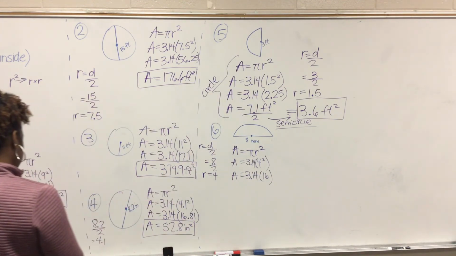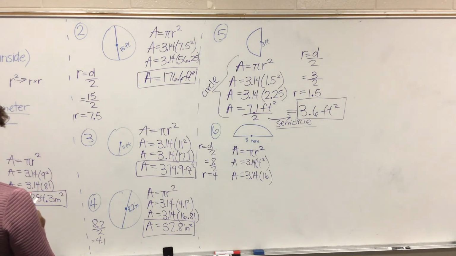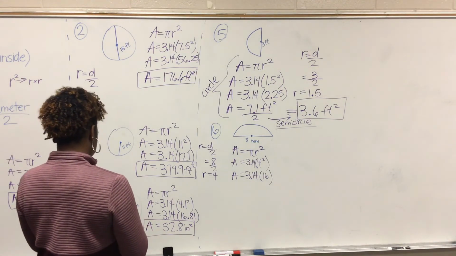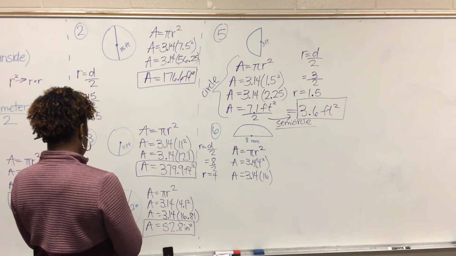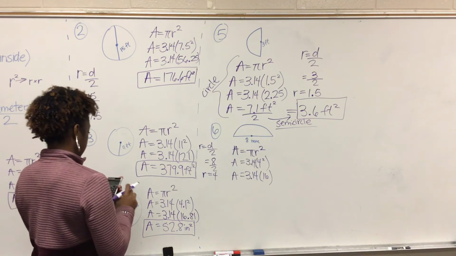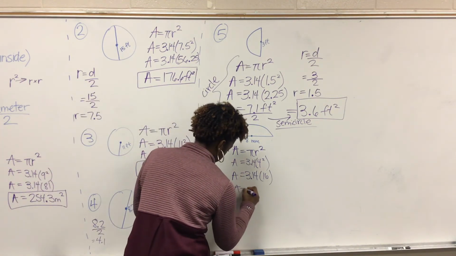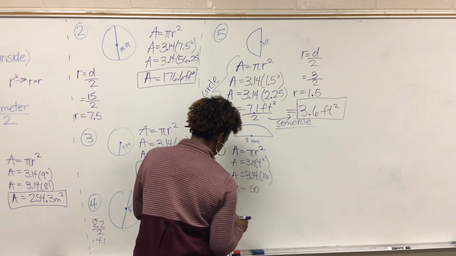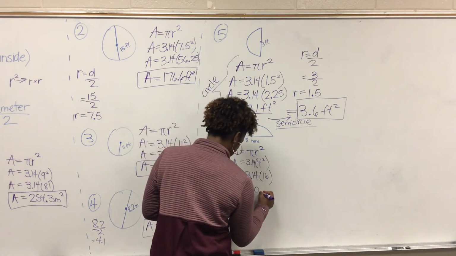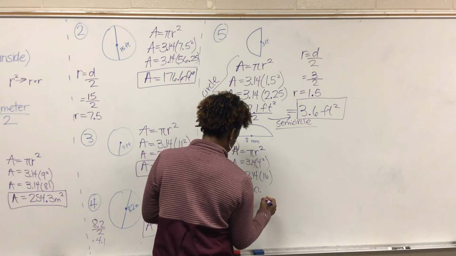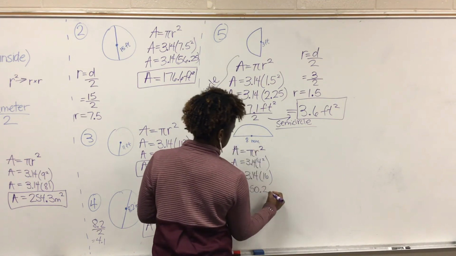Then we're going to multiply that by 3.14 and get 50.2 millimeters squared.